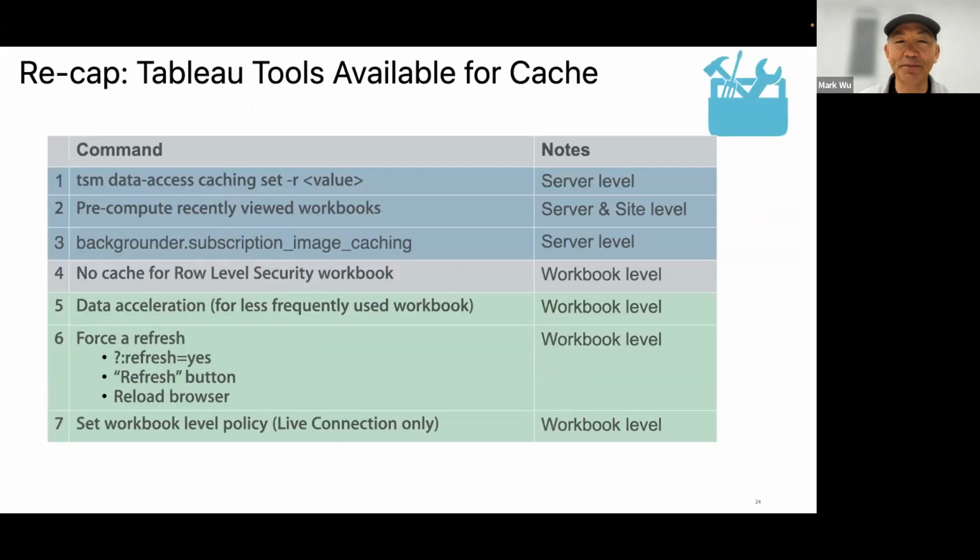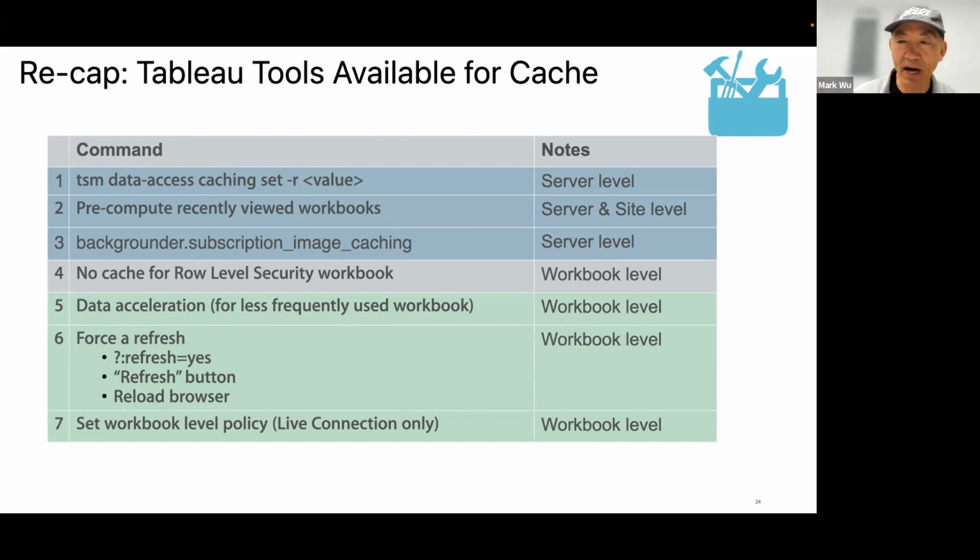As a recap, Tableau actually gave us a bunch of different tools we can play. At the server level, set a cache. Recommend set long cache, 12 or 24 hours. By default, select the pre-compute recently viewed workbooks.